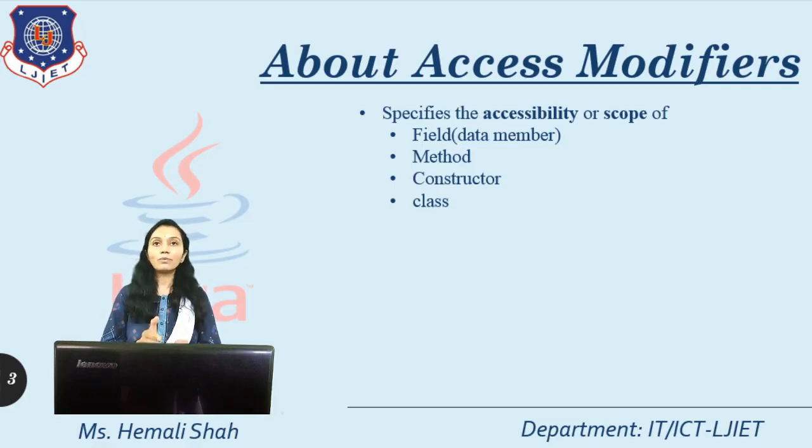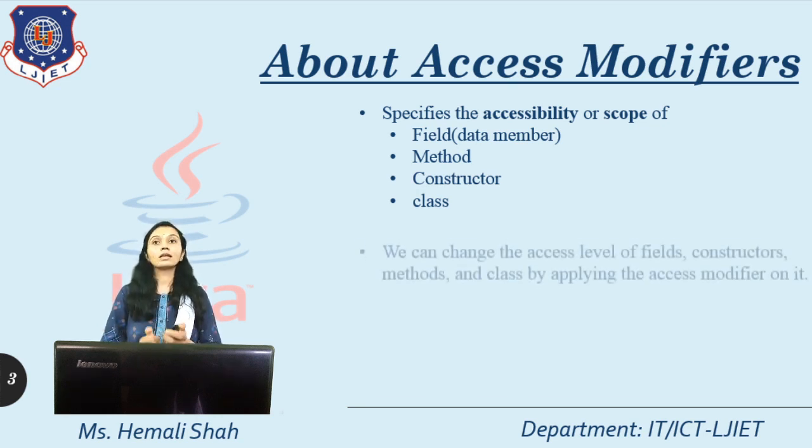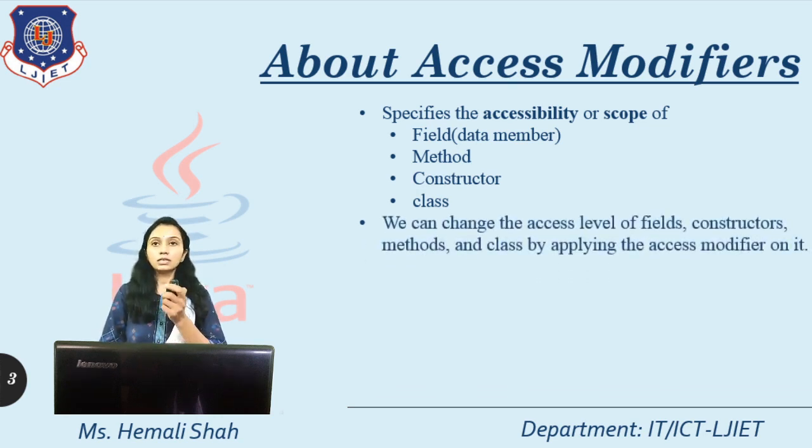That means you can provide the scope to access these four things. We can change the access level of the field, constructors, methods and class by applying these access modifiers on them. So whenever you are declaring these four things, you can use these keywords that specify the accessibility.